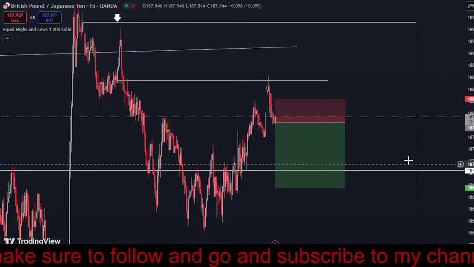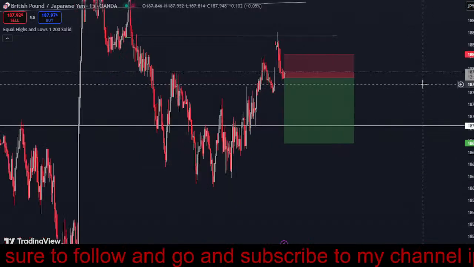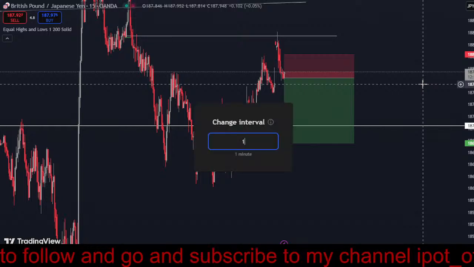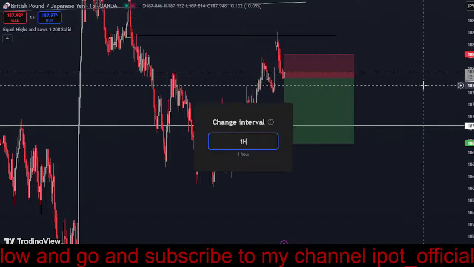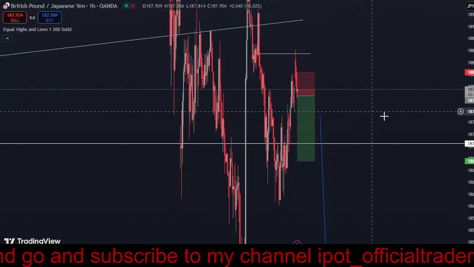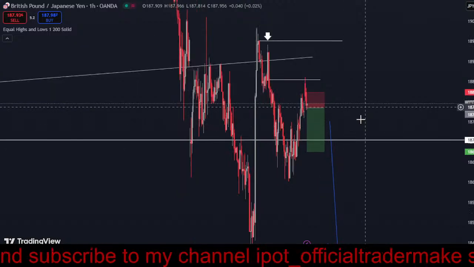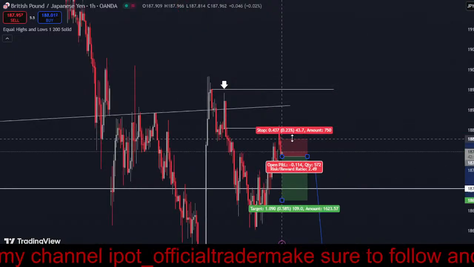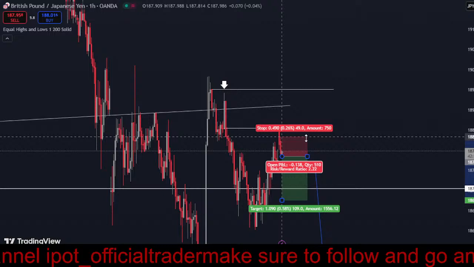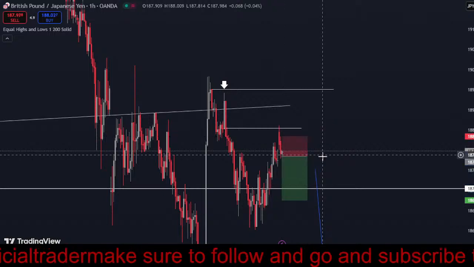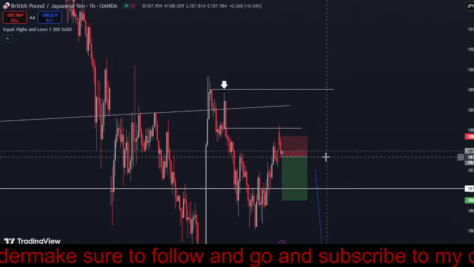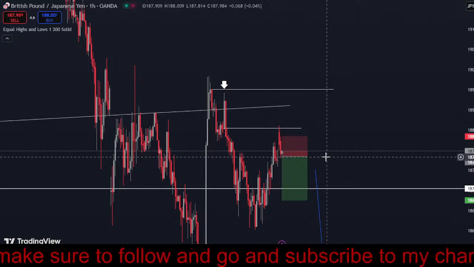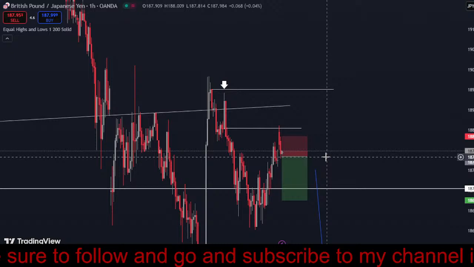So let me take it to 1 hour one last time, because the trade is based off a 1 hour time chart. I'm going with a stop loss quite a bit above this price, right above this previous high of the candlestick right there.